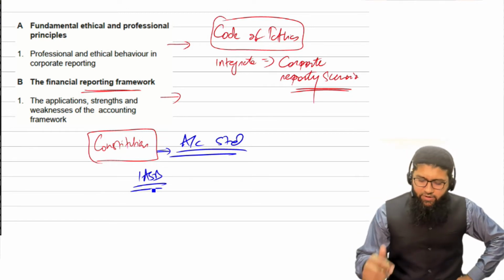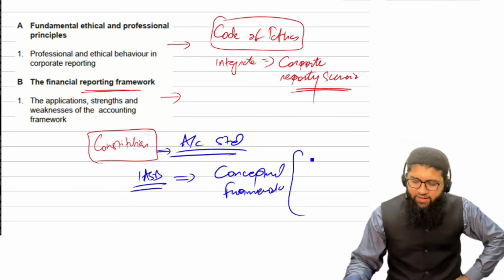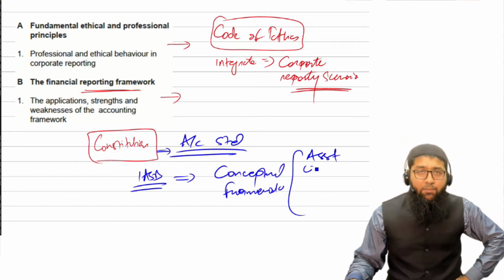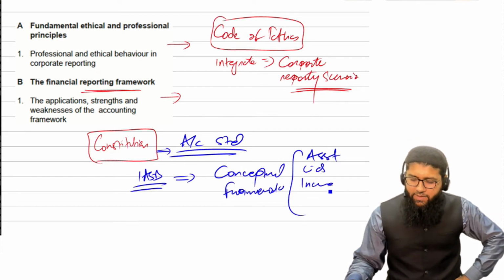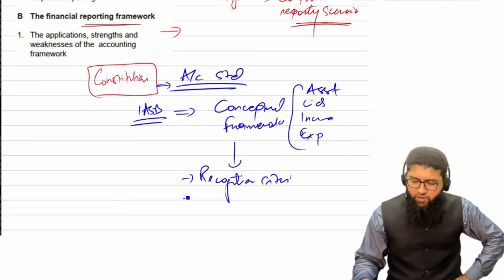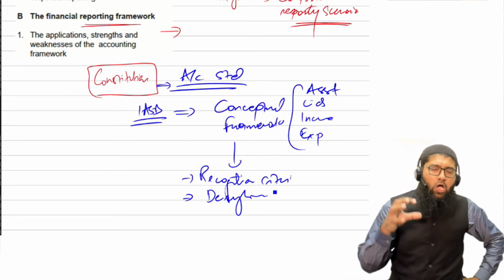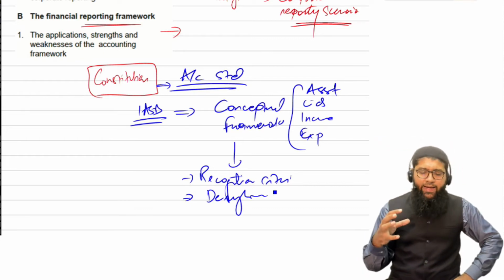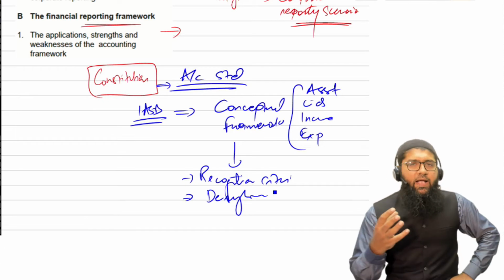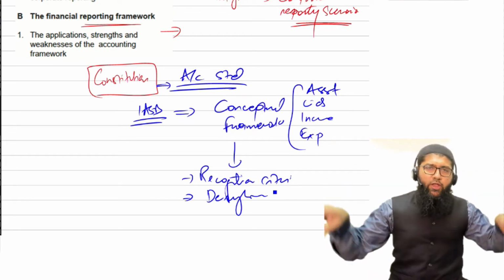And when they developed the accounting standards, they also developed a conceptual framework, which gives you an overall guidance about what an asset is, what a liability is, what an income is, what an expense is, what the recognition criteria should be, what the criteria for derecognition should be, etc. Every single thing that we study in the accounting standards has actually been defined in the conceptual framework. It gives you an overall guidance.